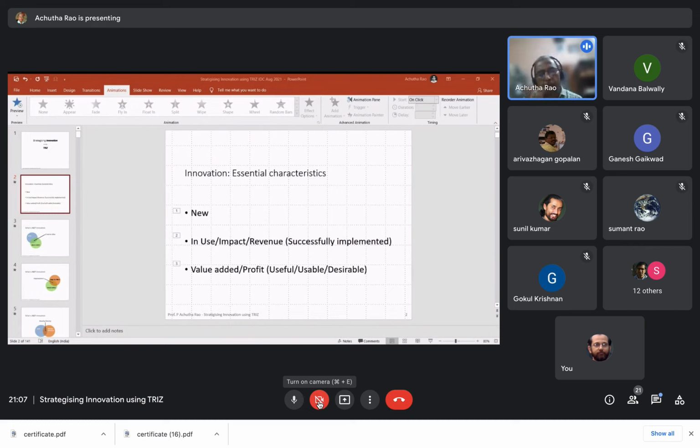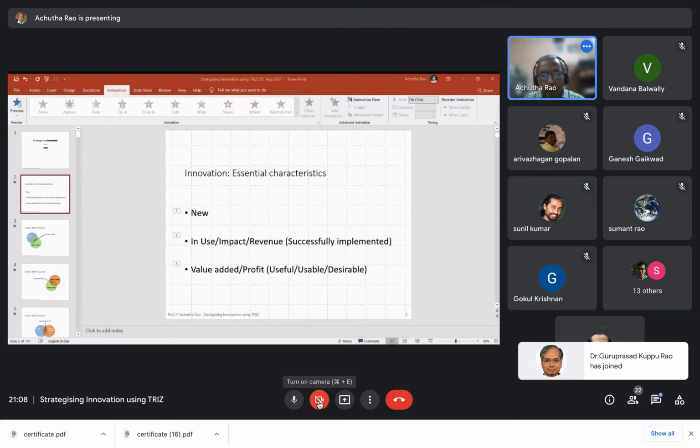It has to impact society, and it has to generate revenue for the organization. The third characteristic is that it will be successful only when it has a value addition that is recognized by the user. Basically, it creates profit. That means it has to have useful, usable, and desirable characteristics.